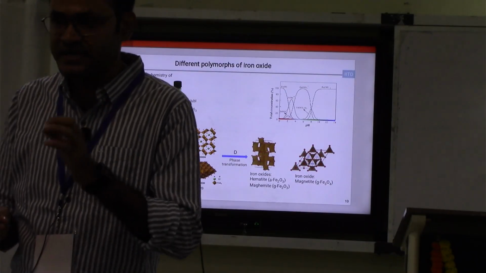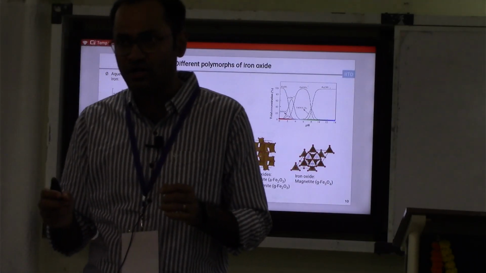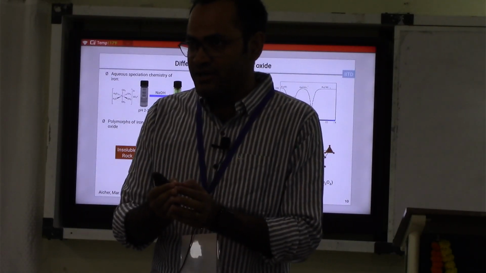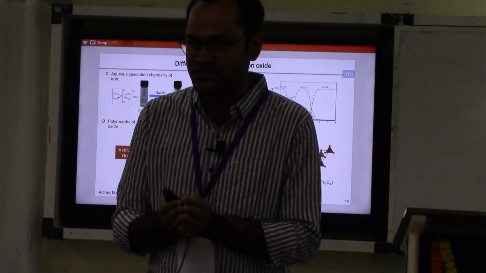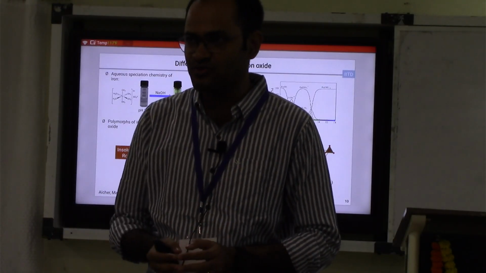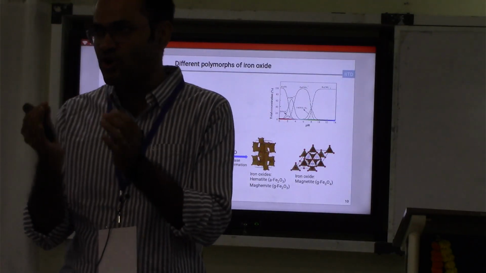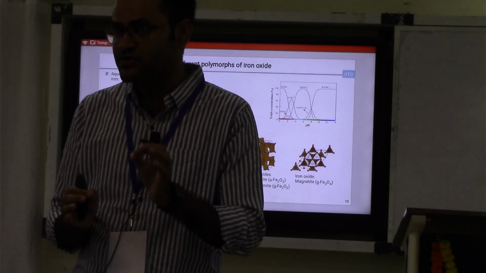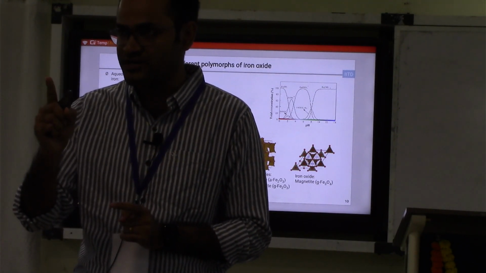Now, why am I taking the name of this protein? Because ferritin is a hollow protein, and if you look into its structure, or check the textbook, you will find that it has a hollow cell. Inside the hollow cell, you have iron atoms preserved in the +3 oxidation state.